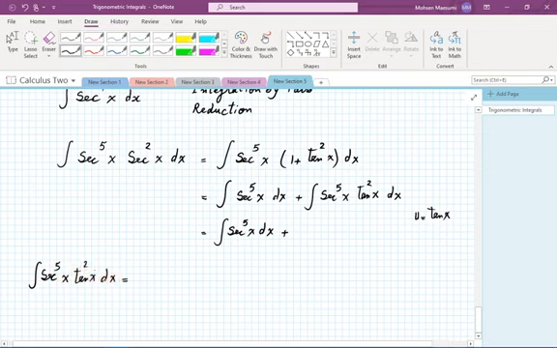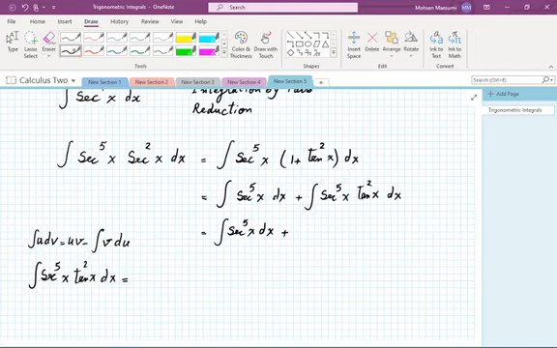And this is where integration by parts kicks in. Let me remind you, we have the integral of u dv equal to uv minus the integral of v du. So that's the approach we are going to take. Let me clean this up and separate this so that it looks clean and nice.